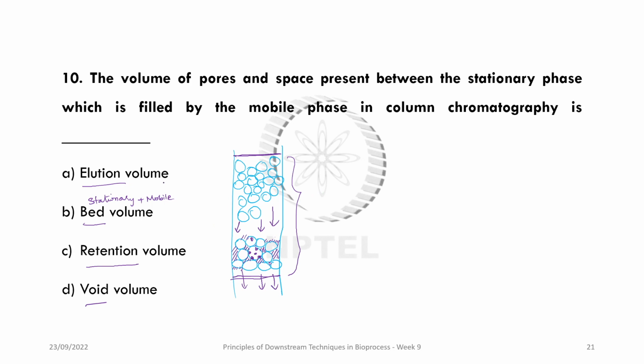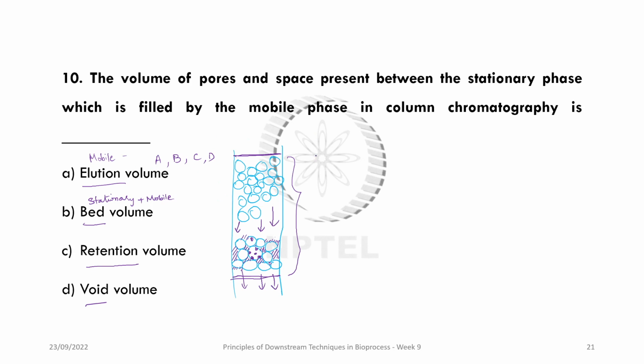Elution volume, on the other hand, speaks only about the mobile phase and the amount of mobile phase required to elute a particular compound. So the elution volume for protein A will vary from the elution volume of protein B or some other component C, some salt D. Different components have different elution volumes for the same column.